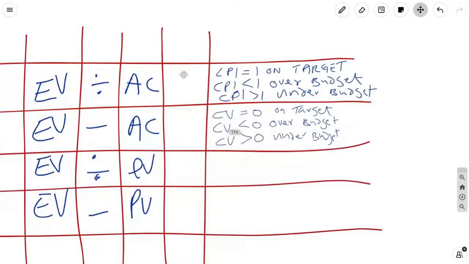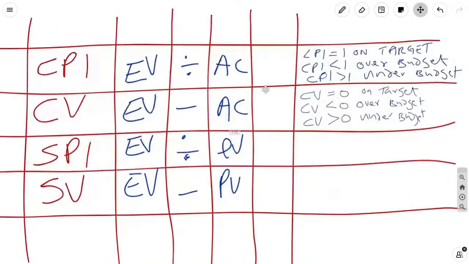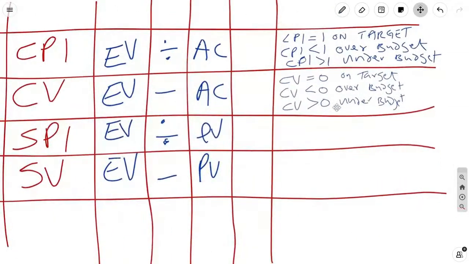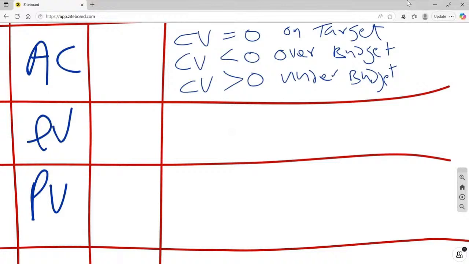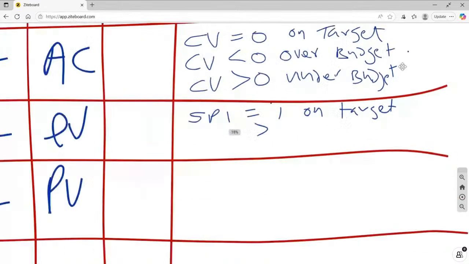All right, let's finish this off. Schedule performance index. Again, we're going to take that same logic. If your SPI is equal to 1, you are on target. Let's stick to the consistent order, less than 1 and then greater than 1.